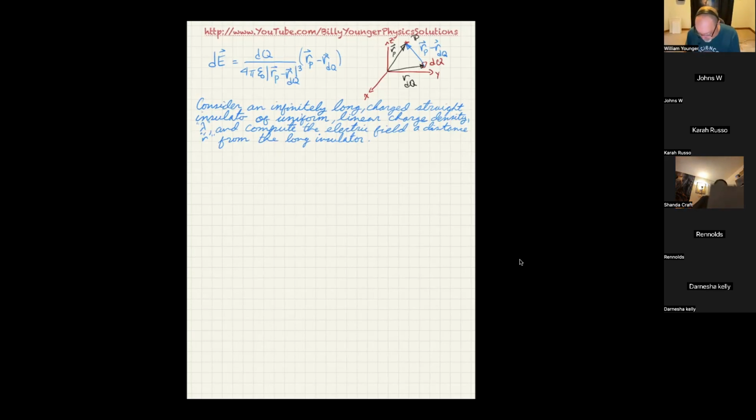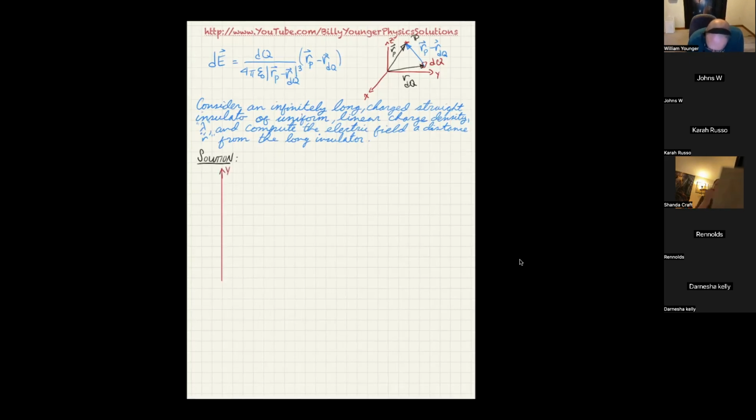So what I'm going to do is draw this in a coordinate system as I wish to do. In other words, the problem didn't give me specifically a way to solve it. It didn't give me specifically a coordinate system I'm supposed to use. So I'm making up my own coordinate system. My coordinate system is basically going to be this vertical y-axis.